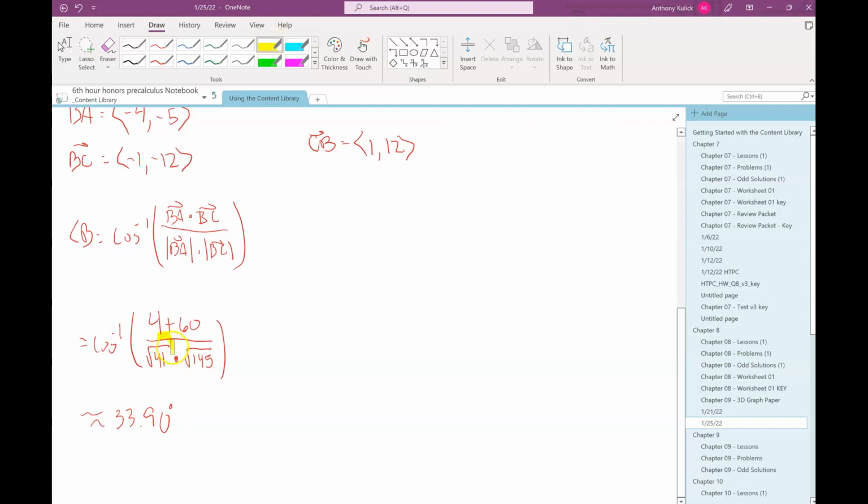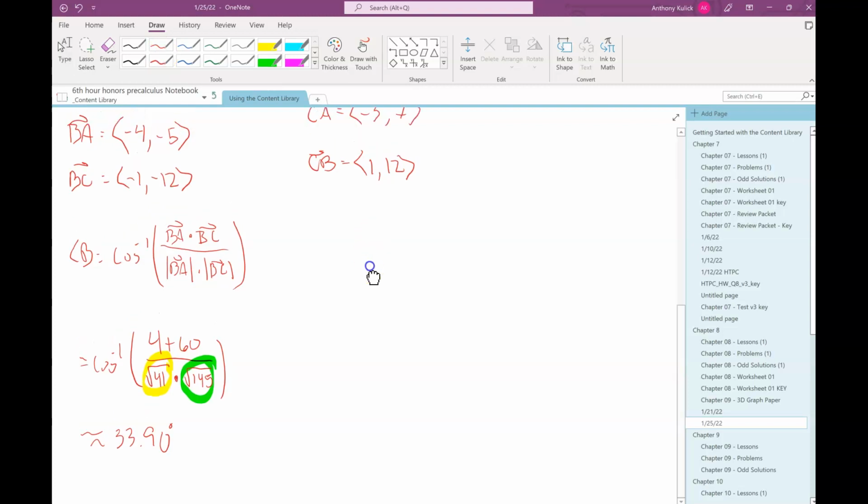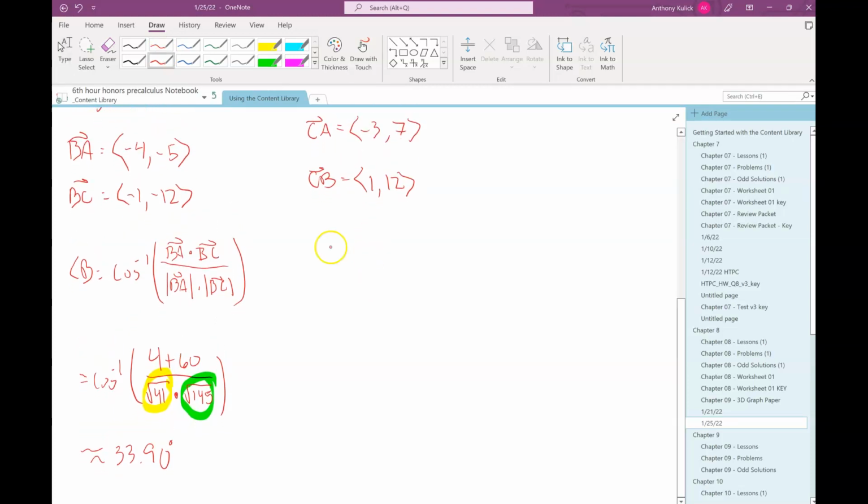Now keep in mind that I also found 2 of the side lengths there as well along the way, right? And I'm just going to repeat the same process here for my other piece. So I have here angle B, and this is side AB, and this one is side BC. So again, angle C is the same thing.